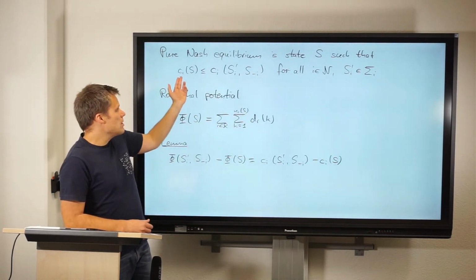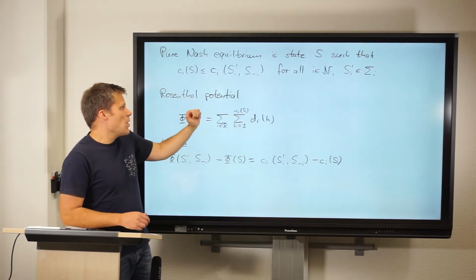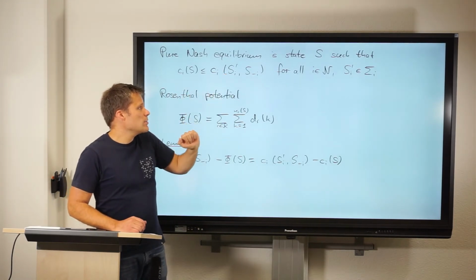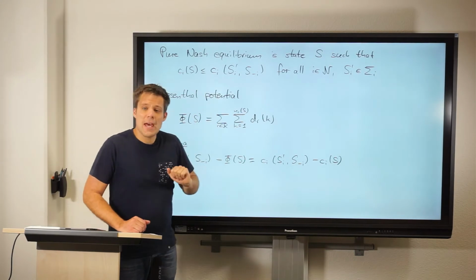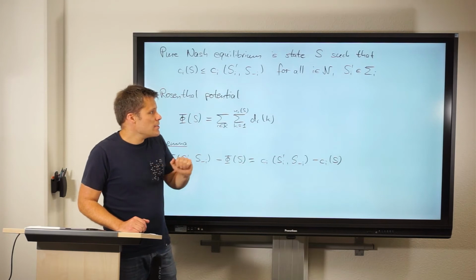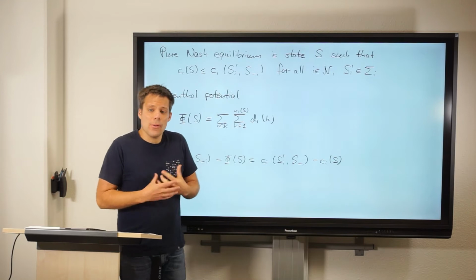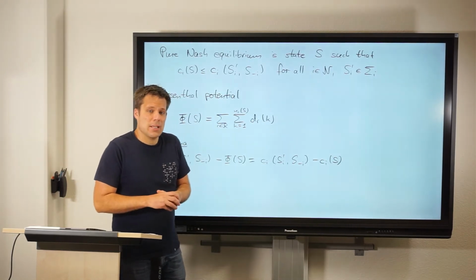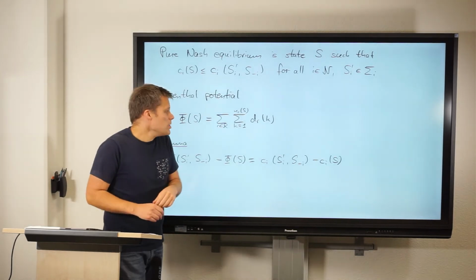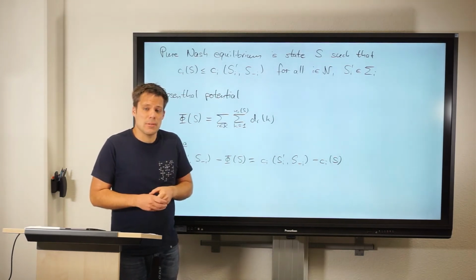Well, the cost that player i incurs in state s is at most what he or she incurs when switching unilaterally to a strategy s_i prime, while the other players still use strategy s_{-i}. And this holds for all players and all deviations, all alternative strategies that this player might be deviating to. And we showed that there is always such a state, which is a pure Nash equilibrium.